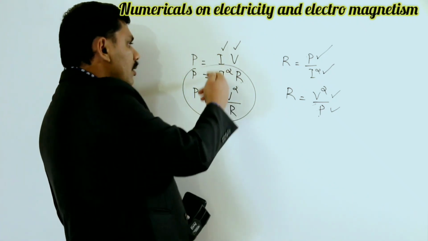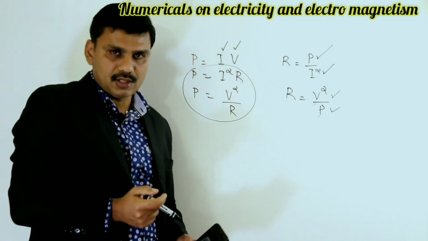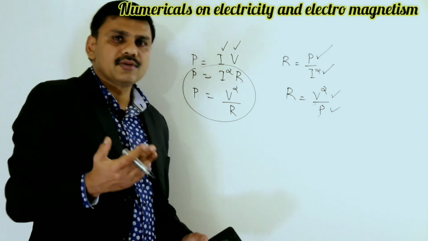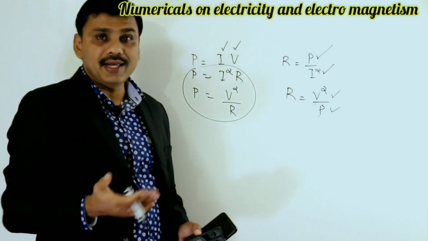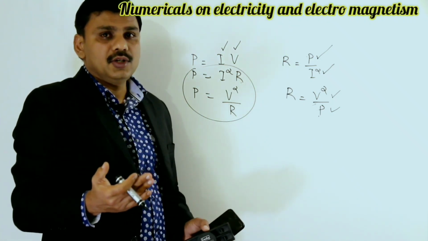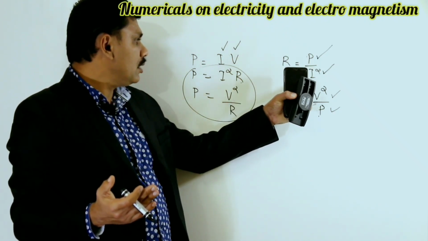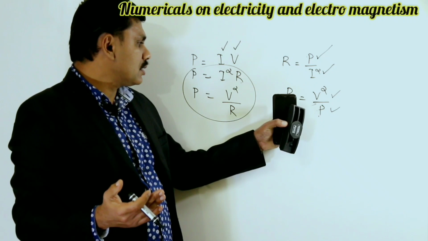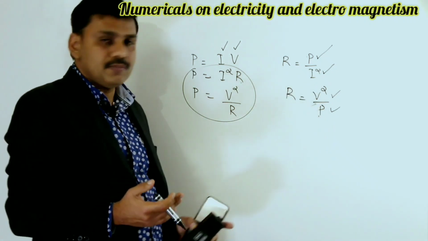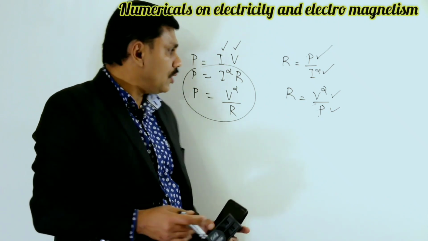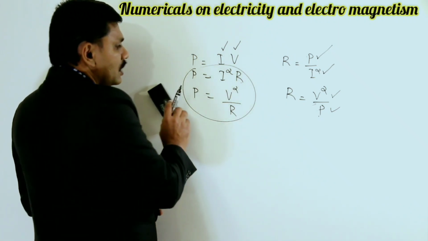So power you can calculate by using any of these three equations. Then the question can ask what is the resistance of the device used. So resistance equal to power divided by I square, resistance equal to V square divided by P. Any of these you can use. So these are the types of questions that can be asked.